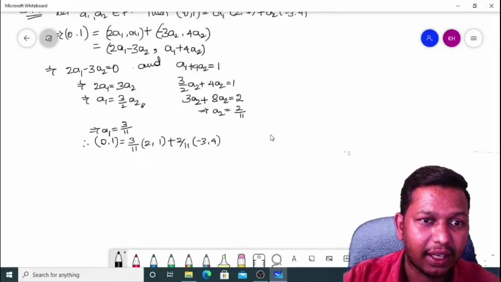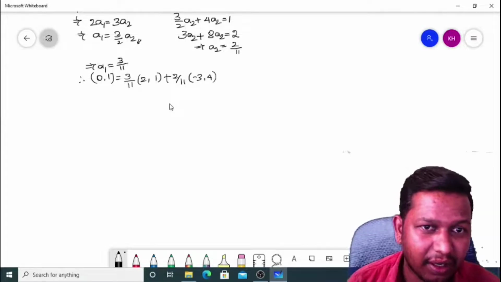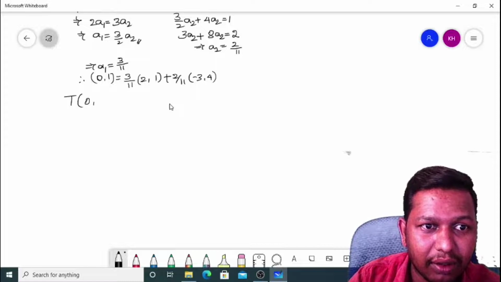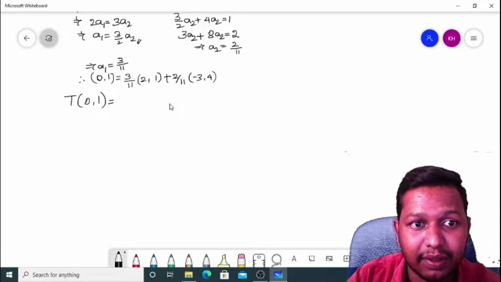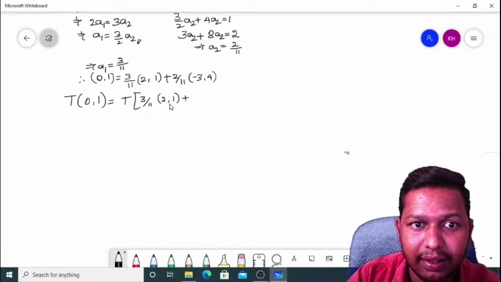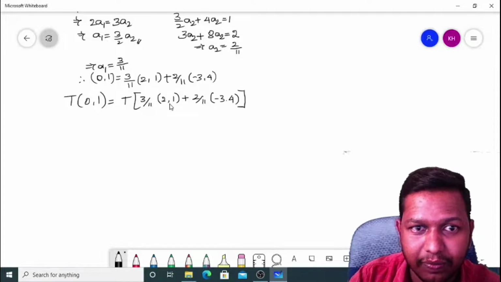Now take the linear transformation T on both sides. We get T of (0, 1) is equal to T of 3/11 (2, 1) plus 2/11 of (-3, 4).